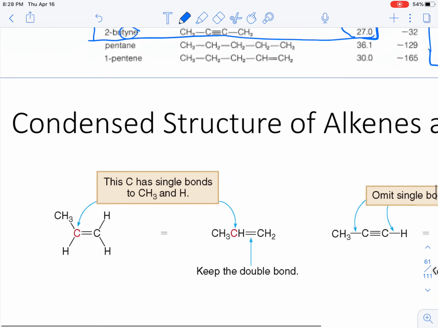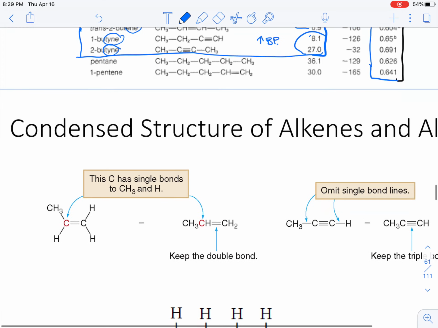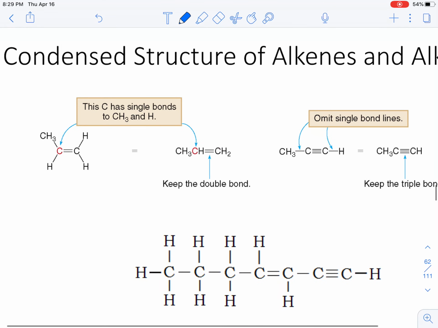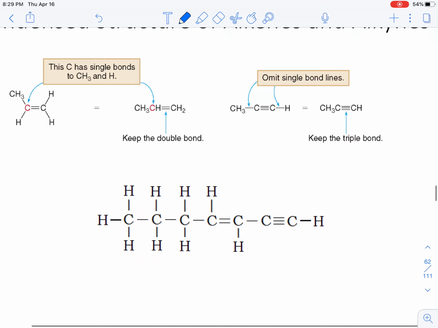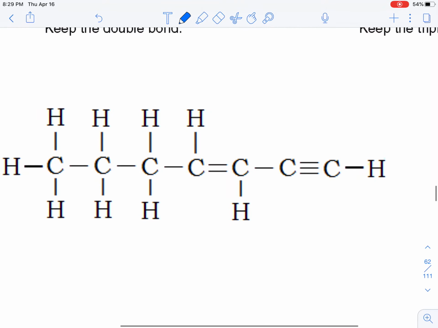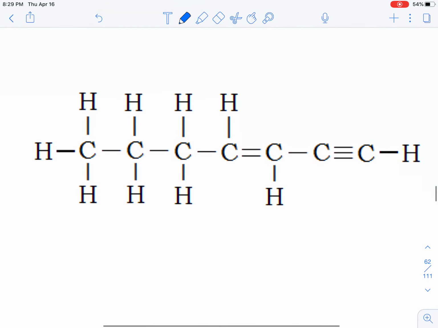Now let's go ahead and talk about the condensed structure, but first of all, let's talk about the expanded structure. This is what the expanded structure of a double bond or a triple bond looks like, and we've seen it once before in a previous lecture video.